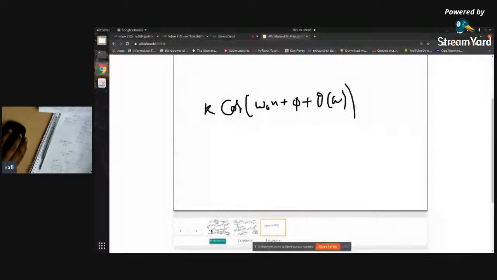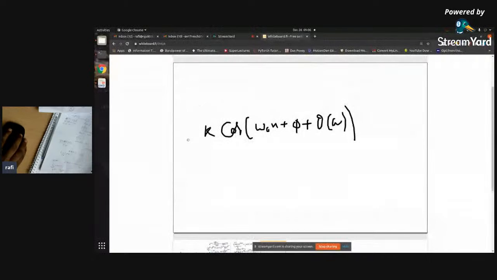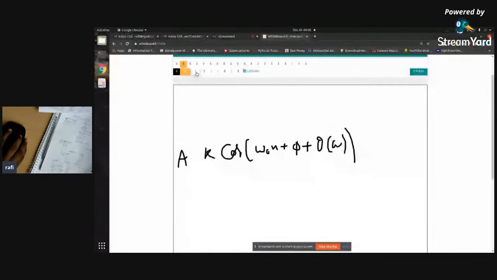And what is this k? This k is 2 times half a into mod h of omega. The 2 and half get cancelled, and this k is now a into mod h of omega. Here we have omega naught, so it is mod h of omega naught.